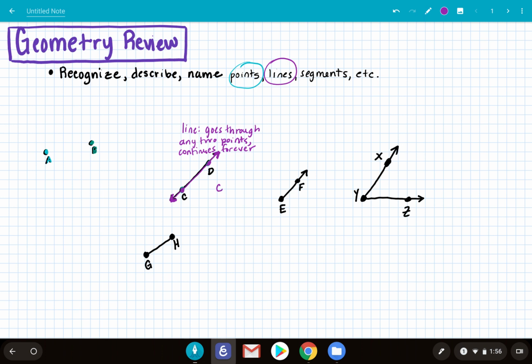To name this line, I would name the 2 points on the line and I would put a mini line above it. That is the name line CD. If I were just looking at 2 endpoints with a segment between them, this is a line segment.